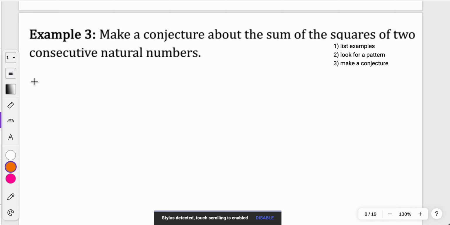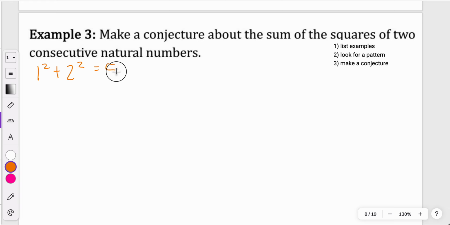So natural numbers start at 1 and you just count up like 1, 2, 3, 4, 5, 6. So consecutive would be like 1 squared plus 2 squared. 1 squared plus 2 squared is equal to 5. Let's do some more examples. 2 squared and 3 squared, consecutive, right next to one another. 9 plus 4 is 13. Let's do 3 squared and 4 squared. 9 plus 16 is 25.